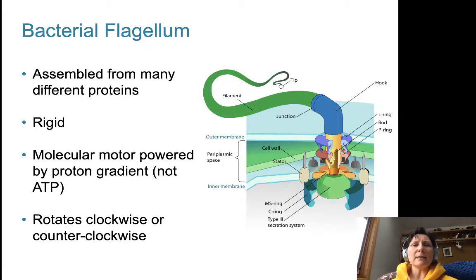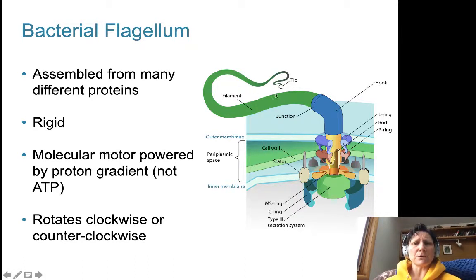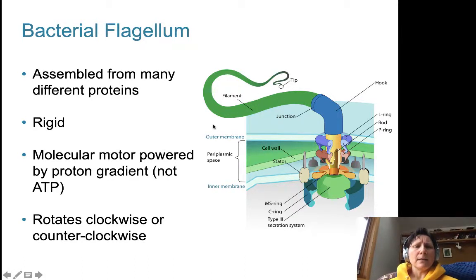You'll see both in class later on Tuesday and a little bit here that there's a variety of different structures that are very similar for propulsive movement. There's flagella, there's cilia, and even flagella can take some slightly different conformations. Anyway, the bacterial flagellum you're seeing here is a rigid structure composed of several different proteins.